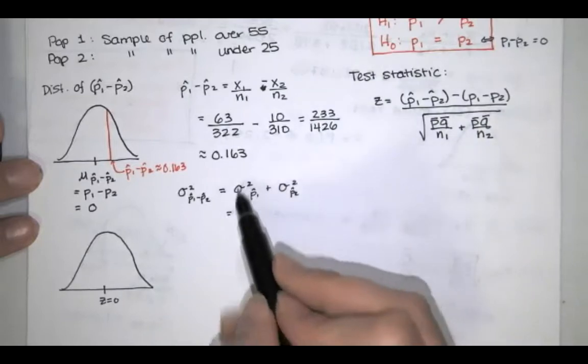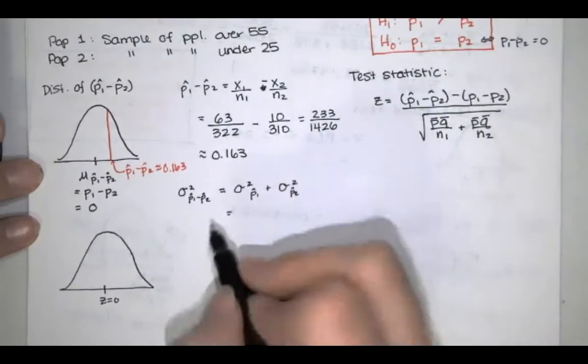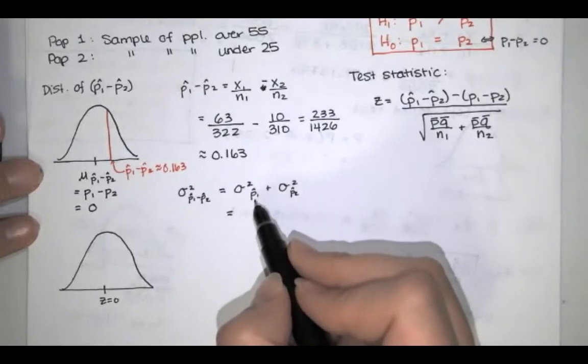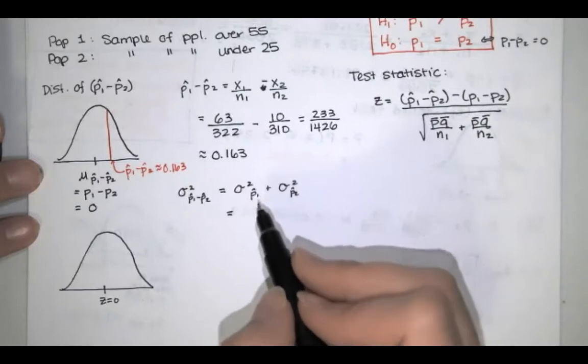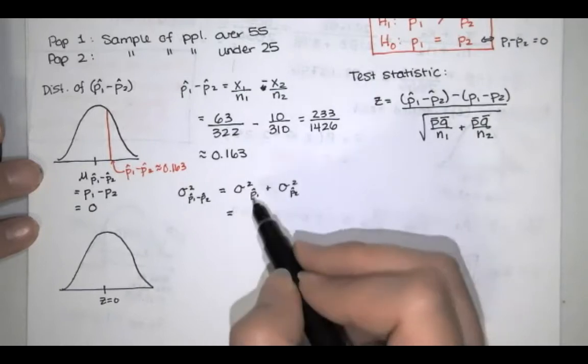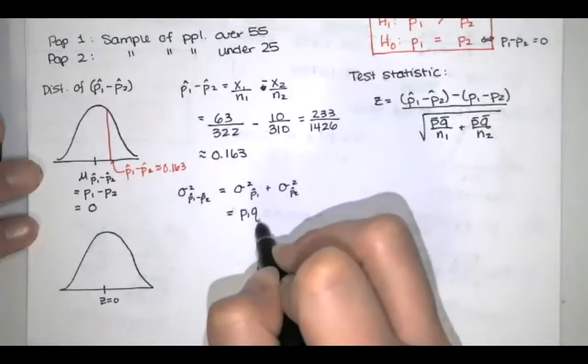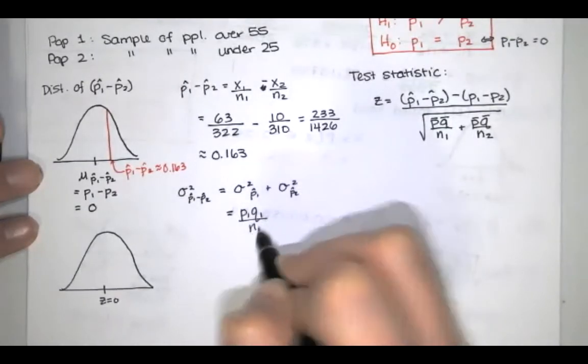And the variance for P1 hat, well, P1 hat is an unbiased estimator of P1. This is equal to P1 times Q1 divided by the sample size.